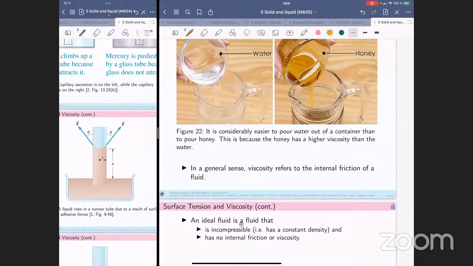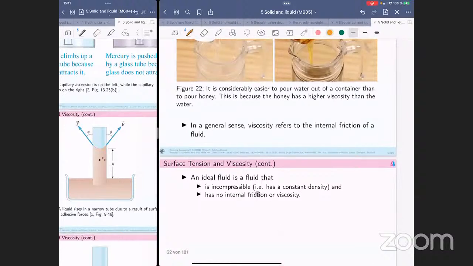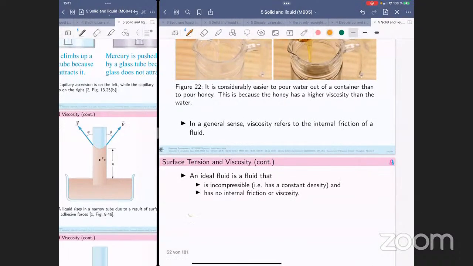Ideal fluid is the fluid that is incompressible. It means it has a constant density. What is the reason why they say constant density? Because if you take a look at this, rho is m by v, right?